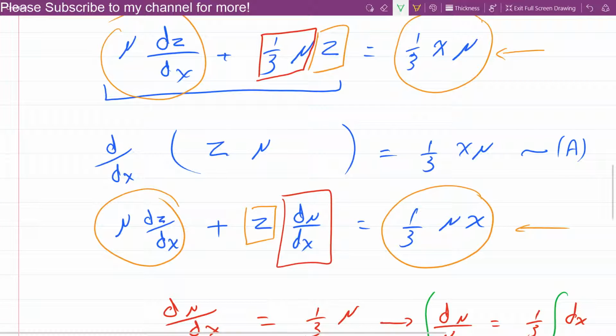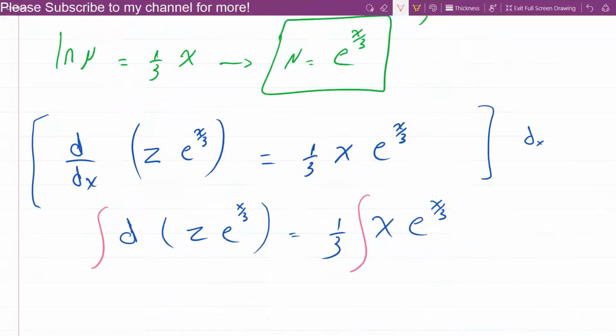If I multiply both sides by dx, I would get d of z e to the x over 3 equals 1/3 x e to the x over 3. I can now integrate both sides of this, so I can put an integral here and an integral here, and I have my dx here.